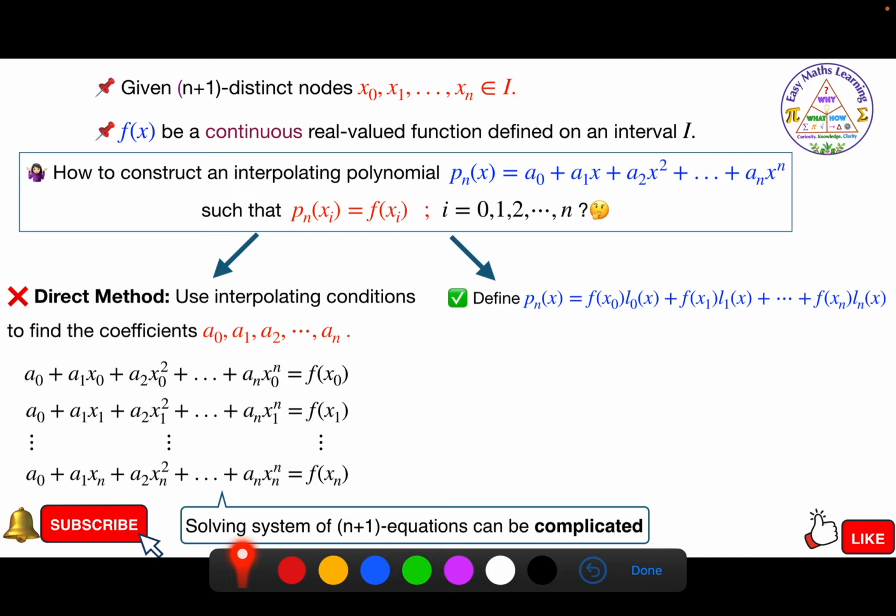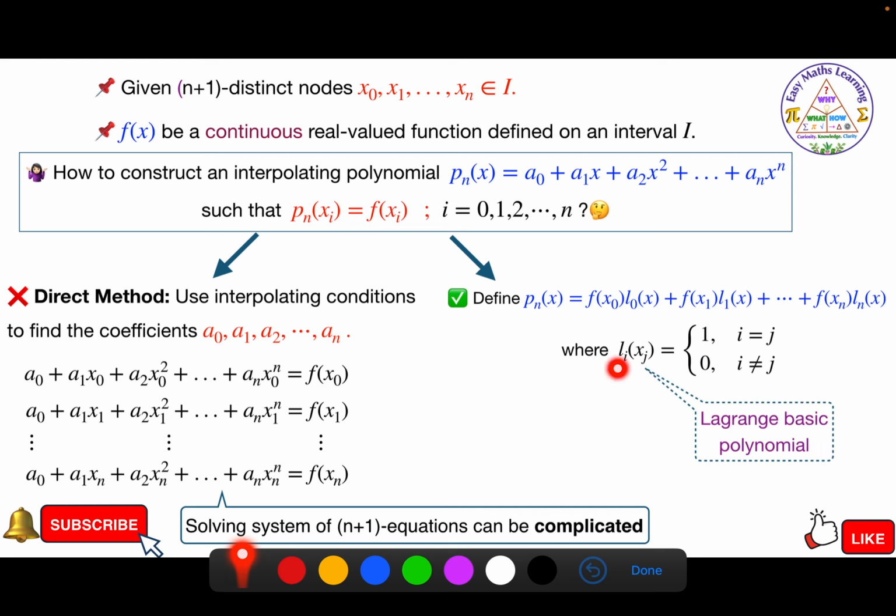In the Lagrange approach, instead of solving for coefficients directly, we define the polynomial in this form: f(x0) into L0(x) plus f(x1) L1(x) plus and so on plus f(xn) into Ln(x). This form of interpolating polynomial Pn(x) is called the Lagrange form of interpolating polynomial. Here each Li(x) is called a Lagrange basic polynomial, meaning L0(x), L1(x) up to Ln(x) are all Lagrange basic polynomials.